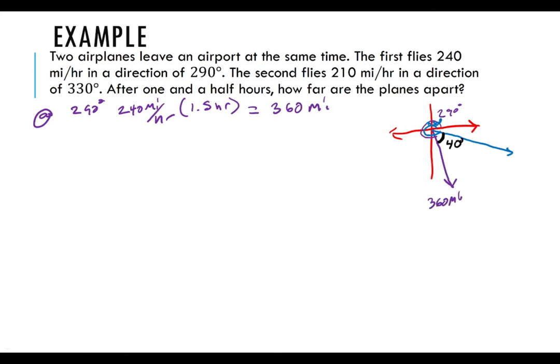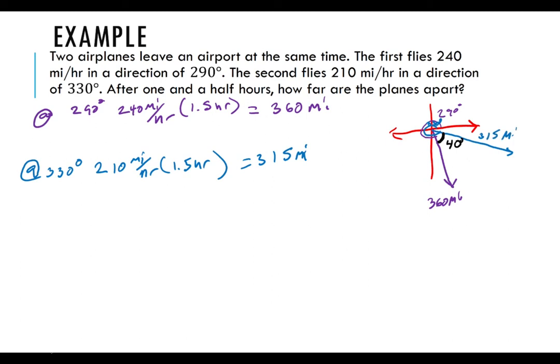For the other airplane, going in the direction of 330 degrees at 210 miles per hour, since it also flies for an hour and a half, I multiply 1.5 times that speed, and it gets a distance of 315 miles from the airport.